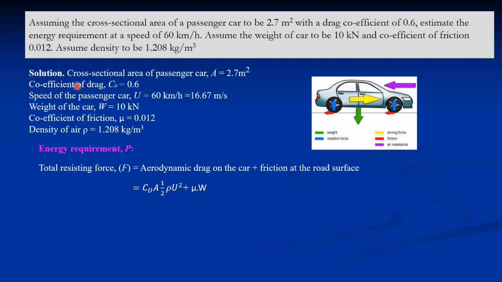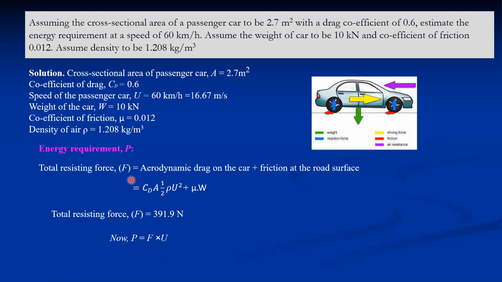Now we have CD, we have the A value, density is given, velocity is given, so we know this entire term. And the weight of the car is also given. The calculated total resisting force is around 391.9 Newton.